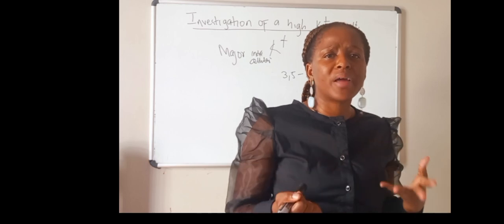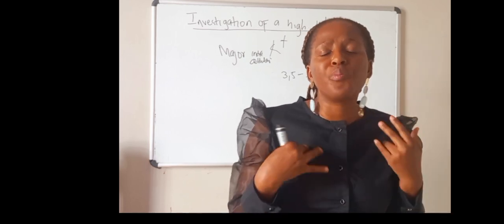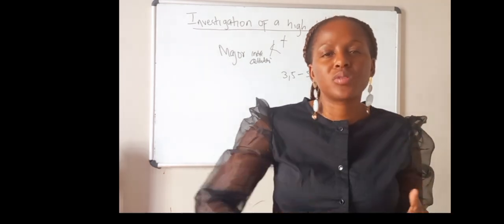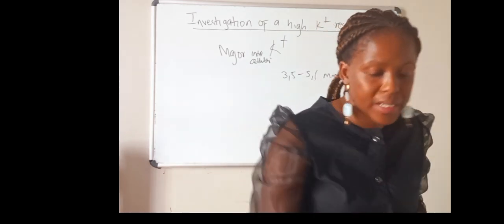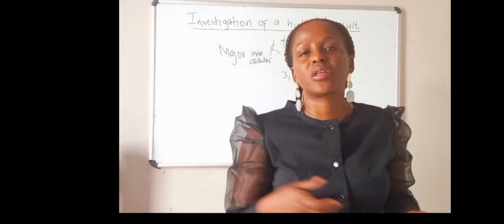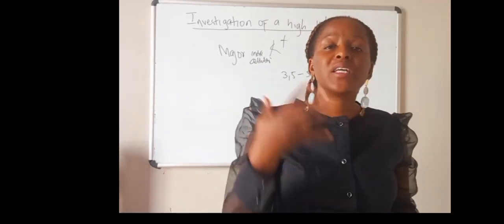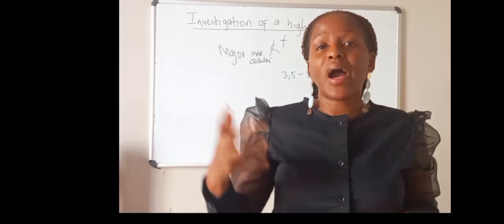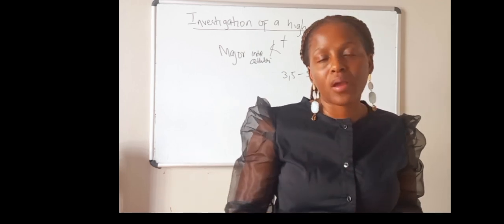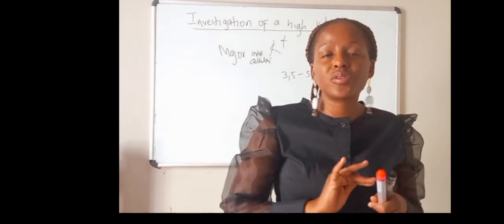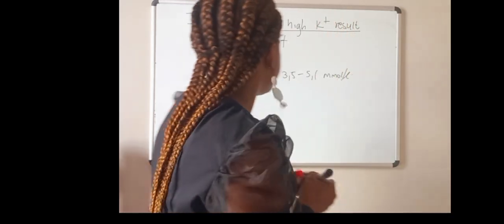Number one, you have to make sure that the instrument you are using to measure the analyte is working functionally. How are you going to check that your instrument is working okay? It's by checking your IQC or your QC results, to see if they are performing properly.